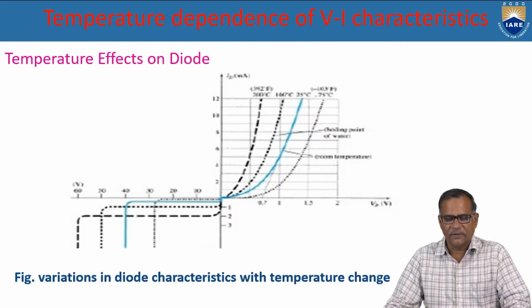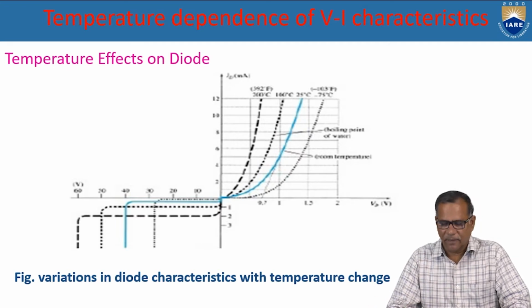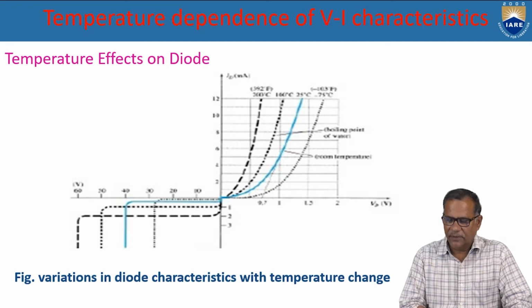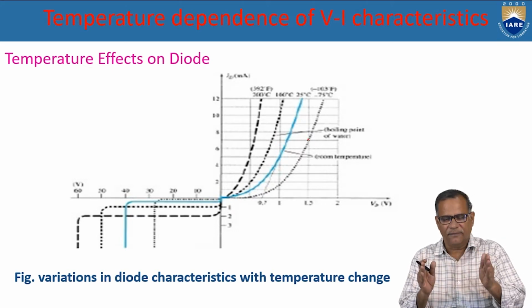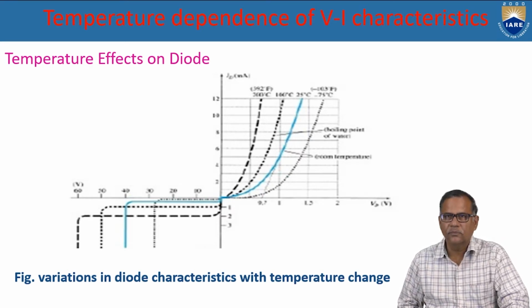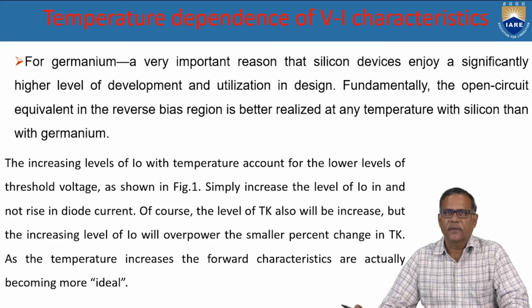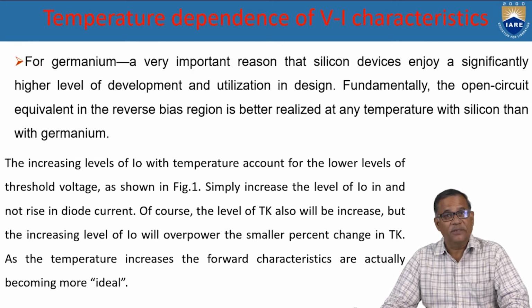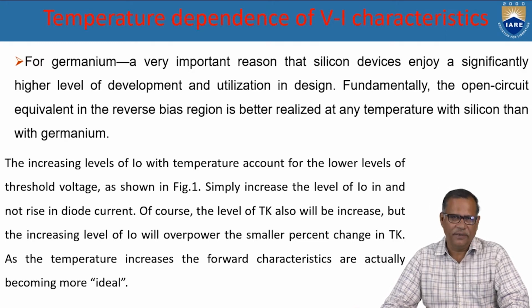The temperature effects of the diode are graphically represented in this figure. You can see that as the temperature increases, the curves shift towards the left side. Silicon devices enjoy a significantly higher level of development and utilization in design, because the thermal stability of silicon is much better than that of germanium.